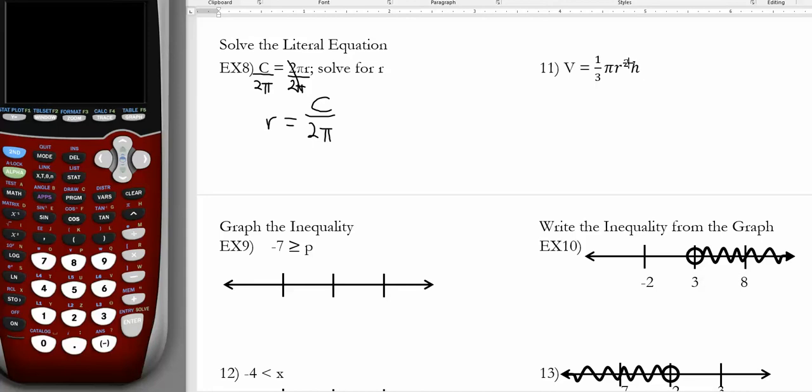So same type of thing over here. So we've got pi and h are in the way, so divide by pi h on both sides. So v over pi h equals 1/3 r squared. And right here, in order to get rid of this 1/3, we multiply by 3, because that is the reciprocal of this.